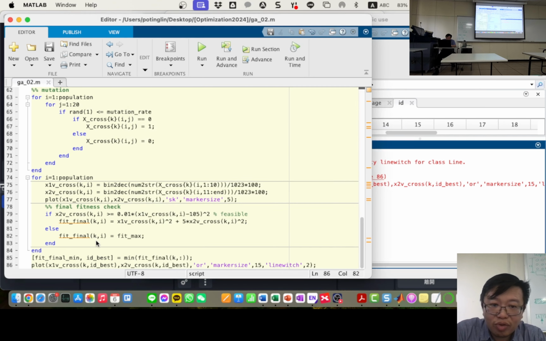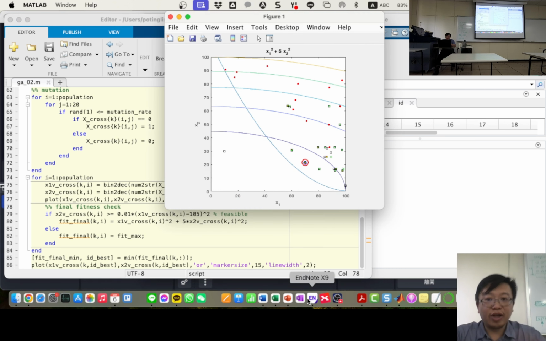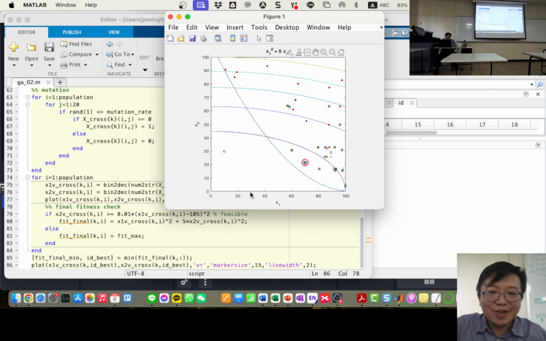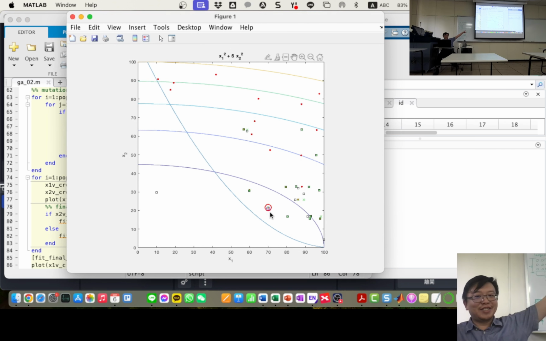Marker, ID best. Marker size and line width. Okay. So that large red circle is my overall best.